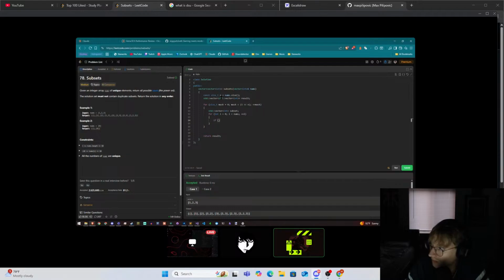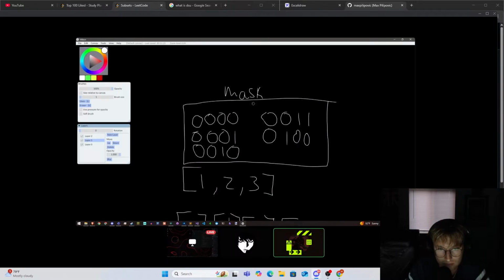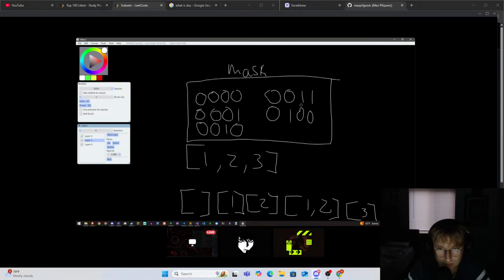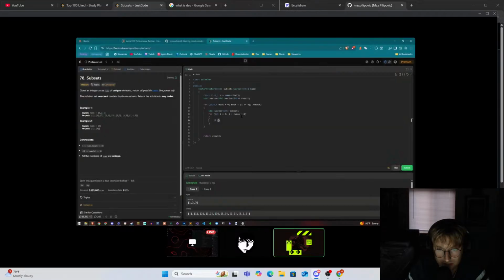You say if, because again, what we're trying to do is see which bits are set for which indices in the set. So we would say if mask shifted over by i and 1 does not equal 0, right? And that's implicit in C++, but you could just say does not equal 0, right?